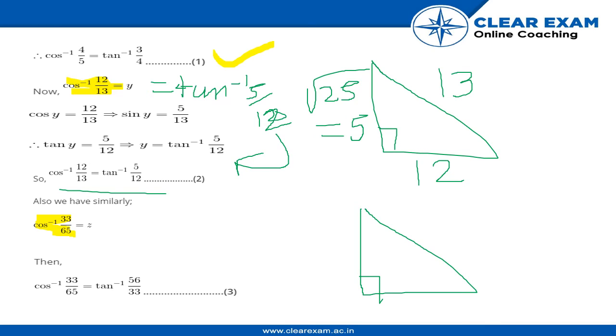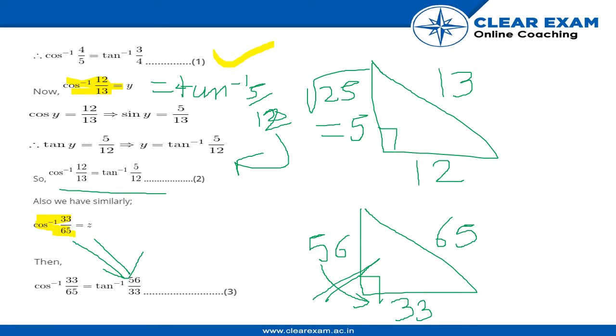For cos inverse 33 upon 65, the base is equal to 33 and the hypotenuse is equal to 65. Using the Pythagoras theorem, the perpendicular is 56. So cos inverse 33 by 65 can directly be written as tan inverse 56 by 13.